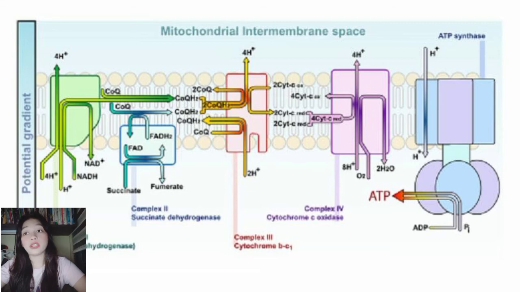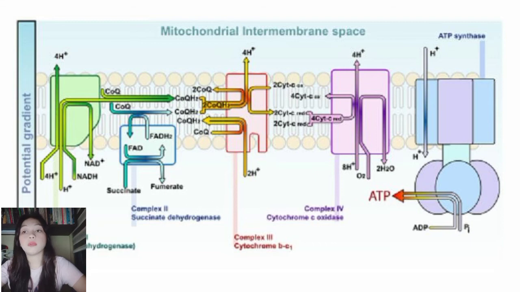Complex 3, or the cytochrome C reductase, is where the Q cycle takes place. There is an interaction between Q and cytochromes, which are molecules composed of iron, to continue the transfer of electrons. During the Q cycle, the ubiquinol, or in short QH2, previously produced donates electrons to ISP and cytochrome B, so it will become ubiquinone.